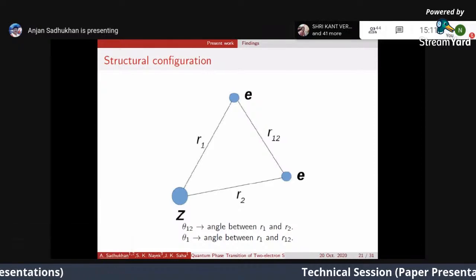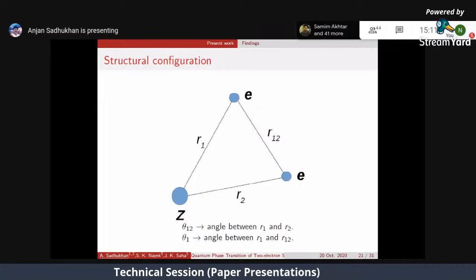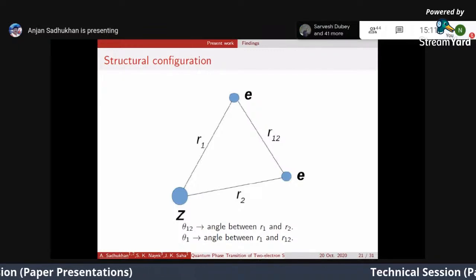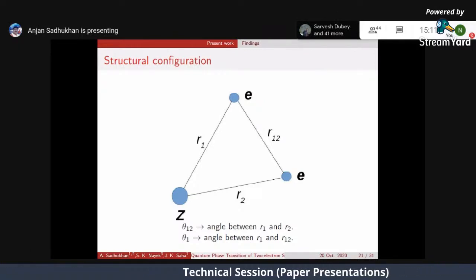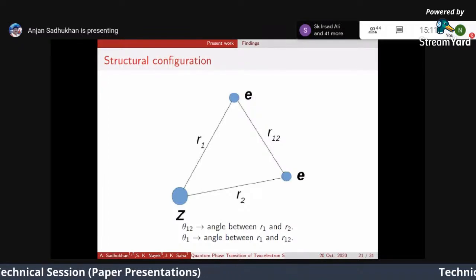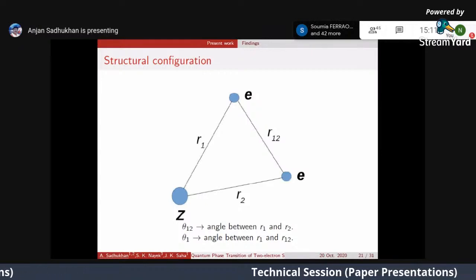Whereas the angle between R1 and R2 is referred to as theta 12, and theta 1 is the angle between R1 and R12. Basically, we have estimated the expectation values of the structural parameters as a function of nuclear charge of the system using the optimized wave function.